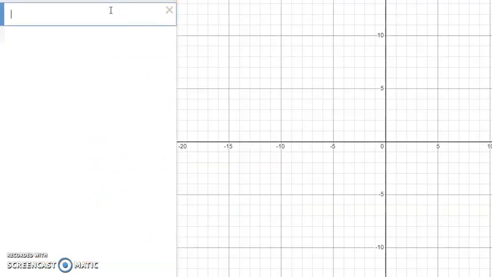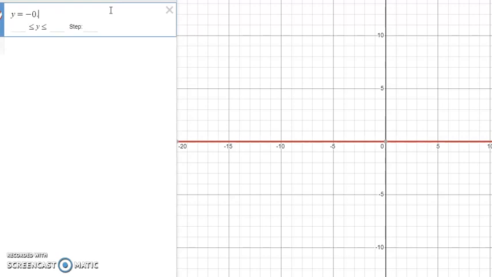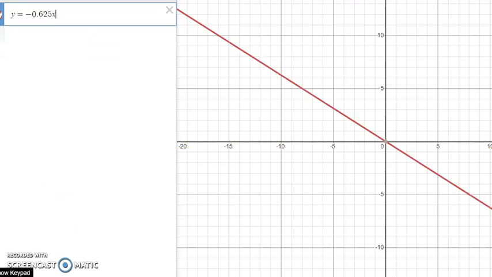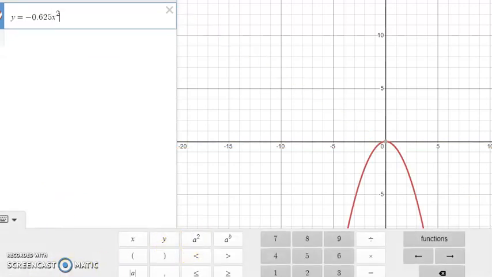The first way would be to plug in the equation when we set it equal to 0. So we subtract 7.5, and we get y, and we just put y equals negative 0.625x squared plus 5x, and then we subtracted the 7.5 from both sides. I just use x and y instead of the h and w, just to represent that.